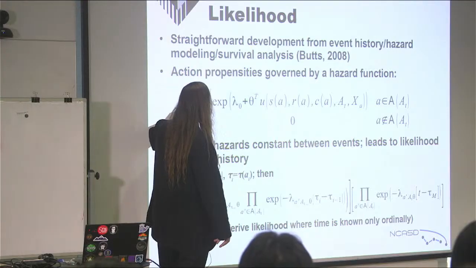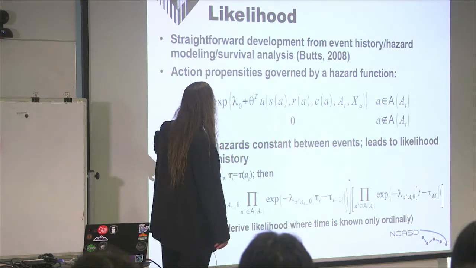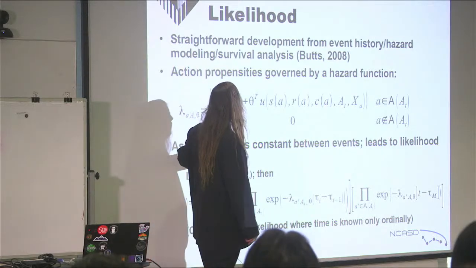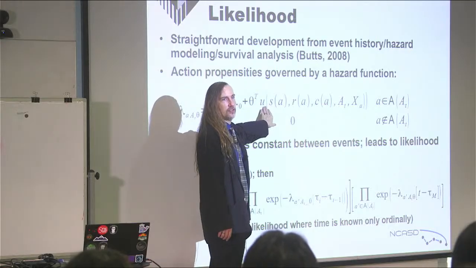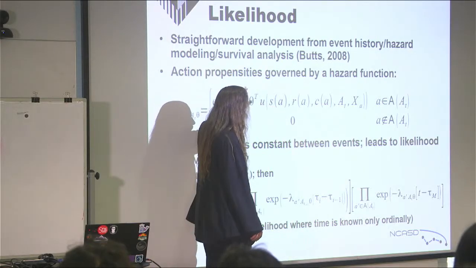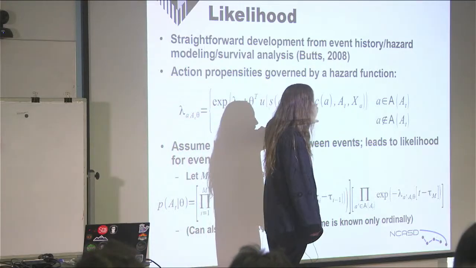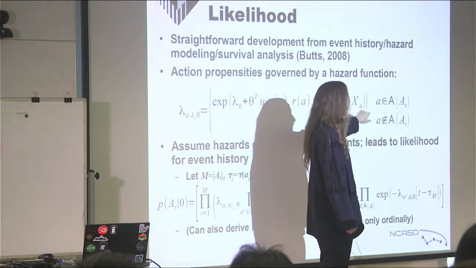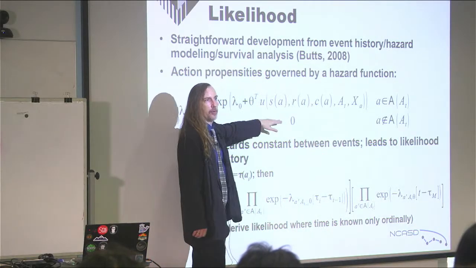So we take the log hazard of a specific event, given the history and the parameters, as being a linear function of a set of statistics that are fairly general functions of who would do the action, who would be receiving the action, what kind of action it is, what's happened up till now, and covariates. And then this just says if something's impossible, it doesn't happen at all.